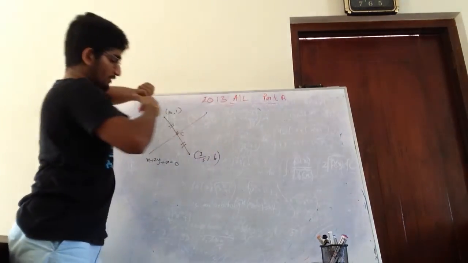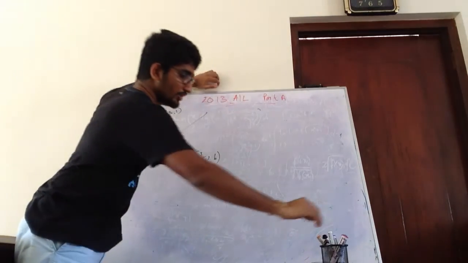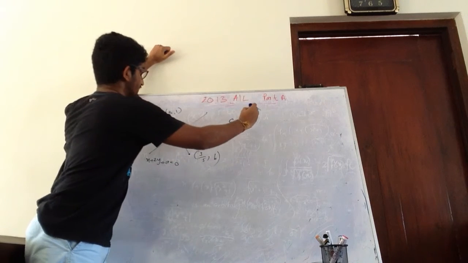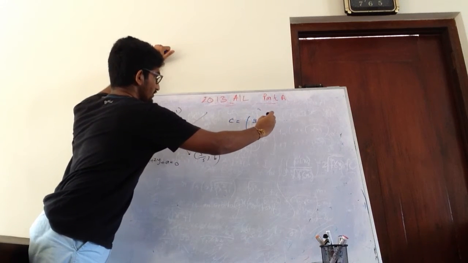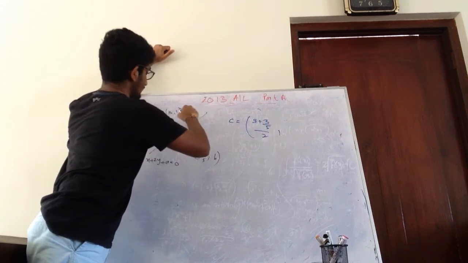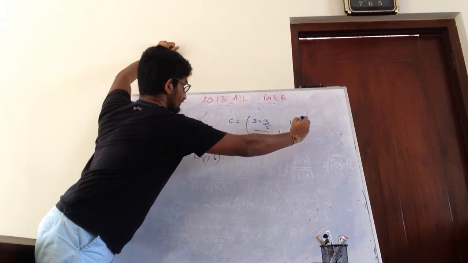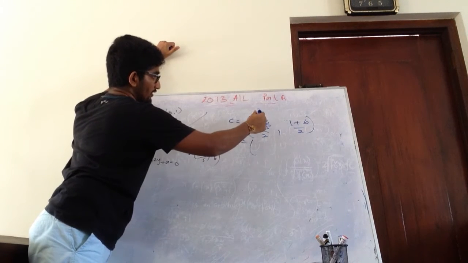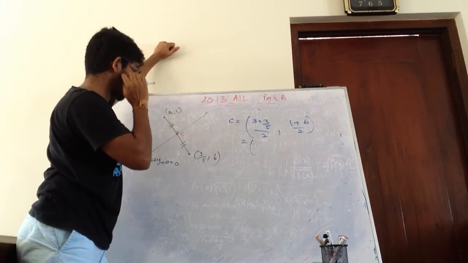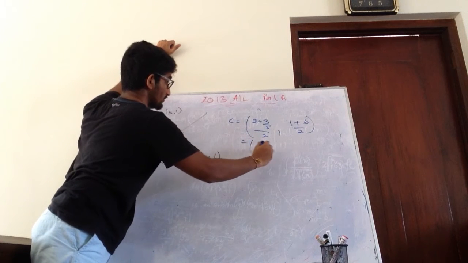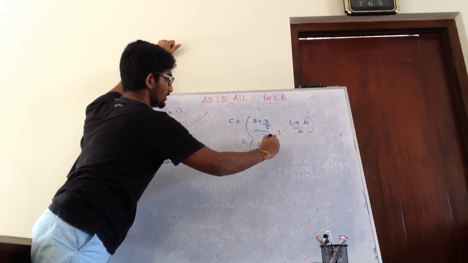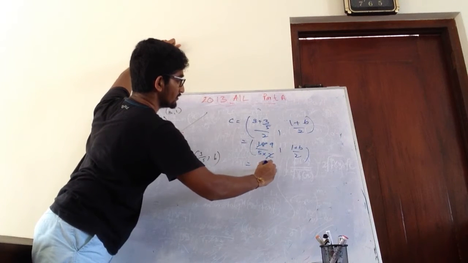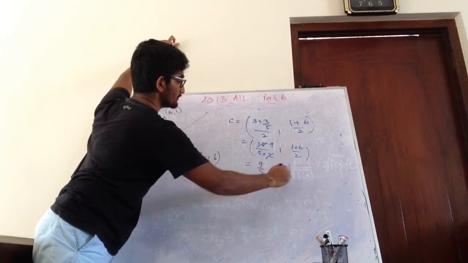So C can be written as the addition of these, that is basically 3 into 5 is 15, 15 plus 3 is 18, 18 over 10, which is 9 over 5, and 1 plus b over 2.